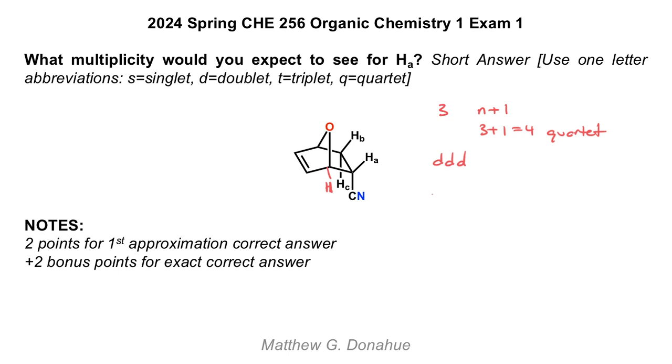So basically you'd have a doublet between A and B, a doublet between A and C, and then a doublet between A and we'll call it D down here. So that's a certain angle, 0. HA to HC is another angle, so that's a certain coupling, and then HA to HD. So those 3 angles are different. Therefore, you're going to have 3 different couplings. So it would be a doublet of doublets.